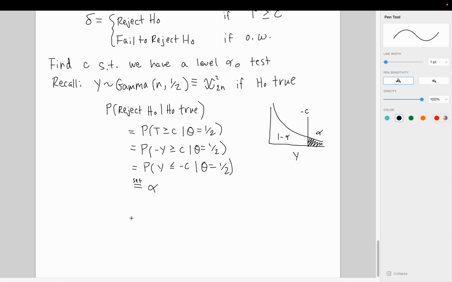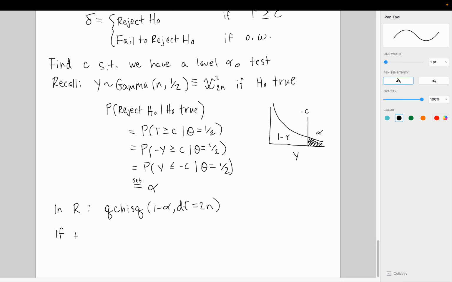Now we can do this with integration. The other thing we could do is just use R code. So to do this in R, to get c, we would use qchisq of 1 minus alpha, with degrees of freedom equal to 2 times n.